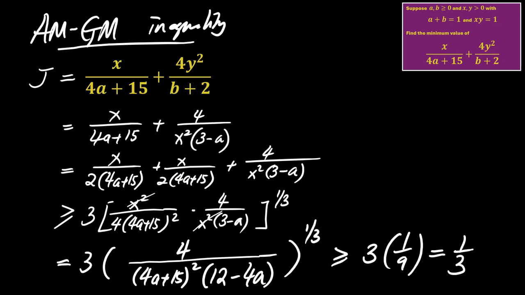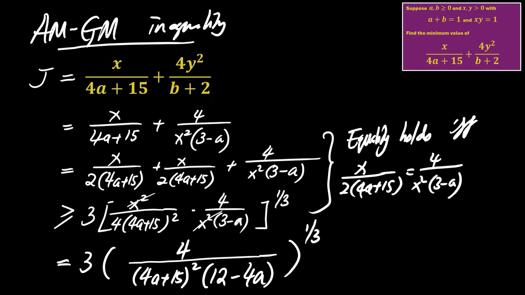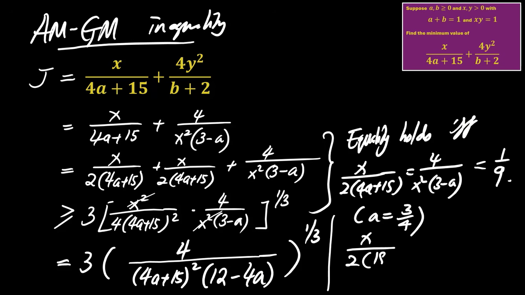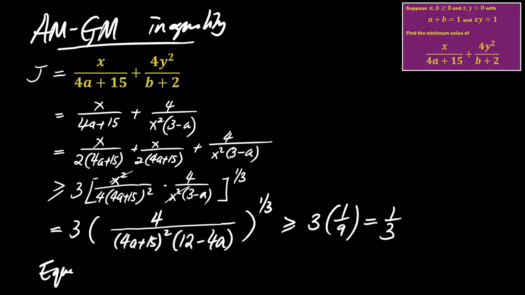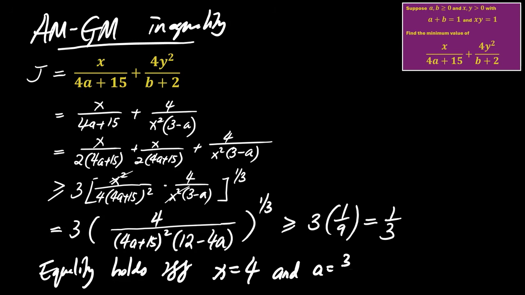Since the expression eventually equals 1 over 3, each one equals 1 over 9. And also remember a equals 3 over 4. So we will have x over 2 times 18 equals 1 over 9, meaning that x equals 4. So we can conclude here that equality holds if and only if x equals 4 and a equals 3 over 4. Therefore, the minimum of J is indeed 1 over 3.